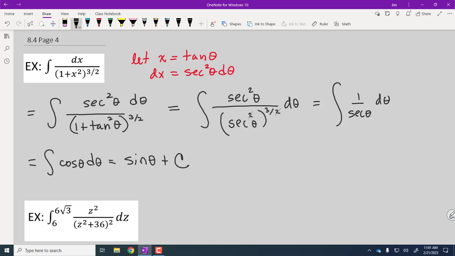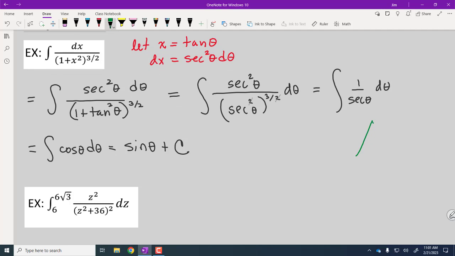Now we have to go back to x. This is where we draw that cool triangle. It's such a clever way to figure out how to go back. So tangent of theta is x. We draw the triangle, the same triangle every single time.